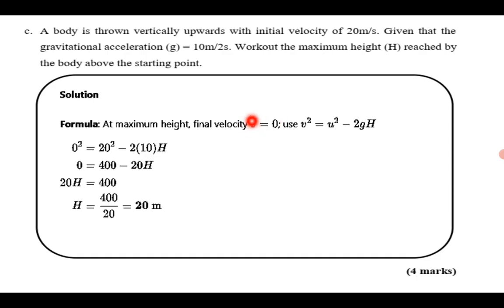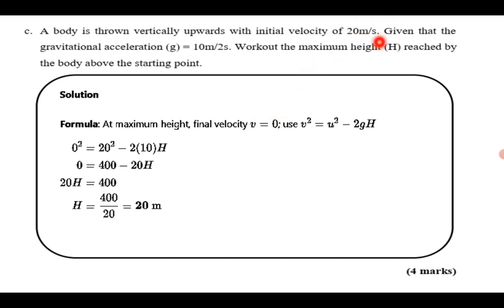So its velocity there is going to be 0. When you throw any object, let's say you are throwing a ball up, before it returns back to your hand to catch it, it will stop in the air for just a very small time. So that is the final velocity, which is 0.